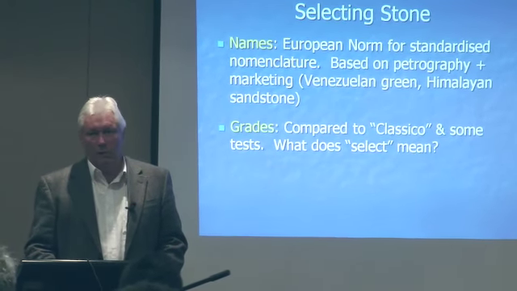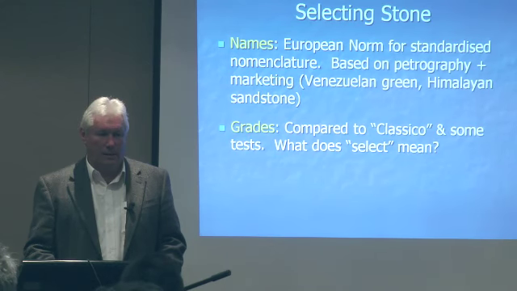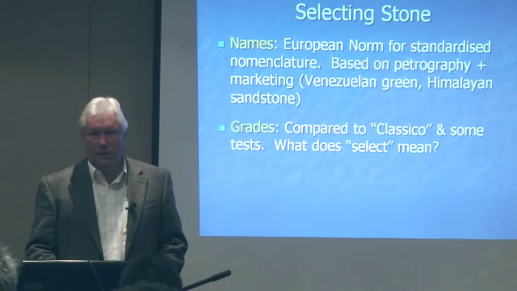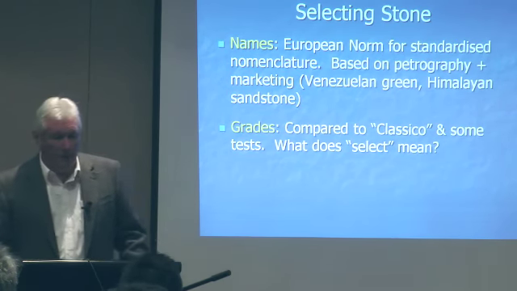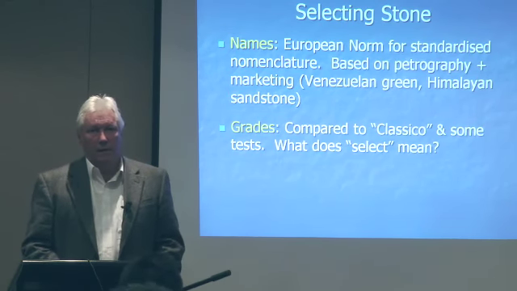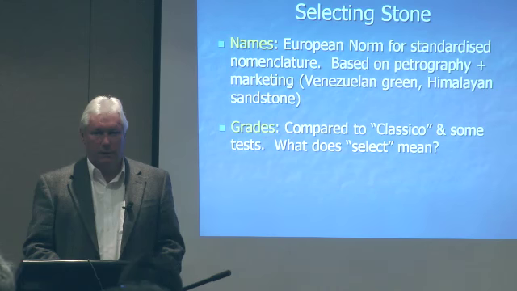But that's not what people know it as in the shops and in the streets. And so we get people calling different stones different things, and sometimes they're the same stone called different things, and sometimes they're different stones called the same. So we've got problems out there in the marketplace, and sometimes they are causing confusion, particularly when it comes to selection.